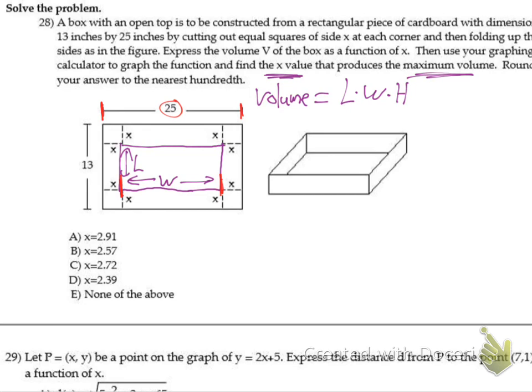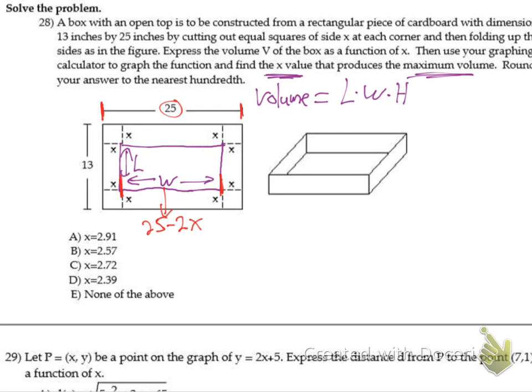25 minus 2x. Remember that when we did that? Because outer edge to outer edge is 25. Back up 2x, and you have inner edge to inner edge. And then the same thing for the length.